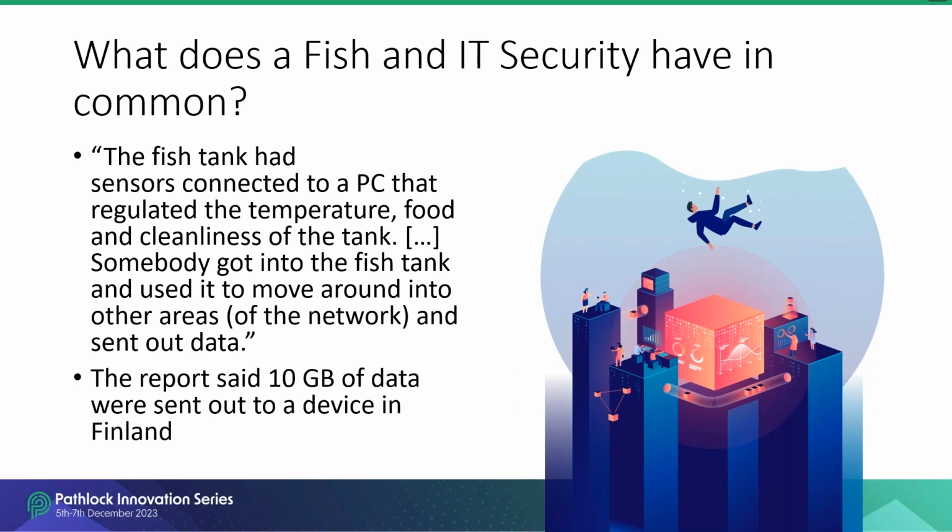And so the person was able to enter through VLAN to the IoT device, and then from the IoT device it was possible to reach out to the network, and from the network to the databases in the back. And then they got like 10 gigabyte of data, and they were sent somewhere to a device in Finland with an IT connection. And that is more to explain here.